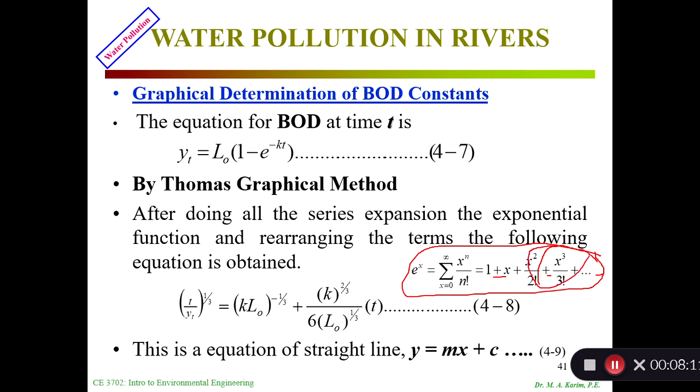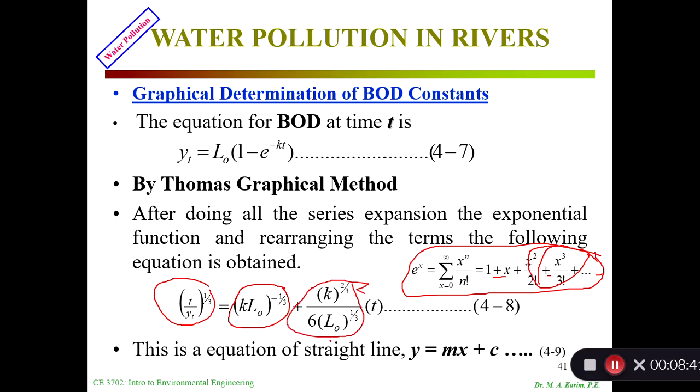Okay, negligible part. Now I will have two terms here. Maybe I just keep two terms, and use this one and maybe this one. If I have the three terms, then I can rearrange those terms like that: t over y to the power 1/3, k L0 to the power negative 1/3, then k to the 2/3 divided by 6 L0 to the 1/3 is another term, then also t.